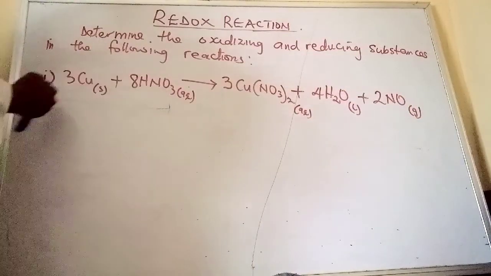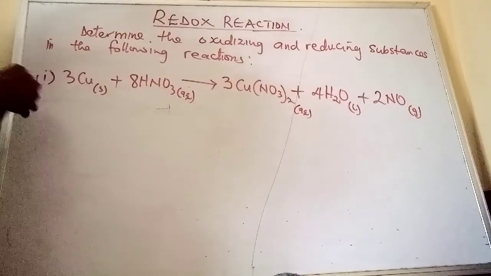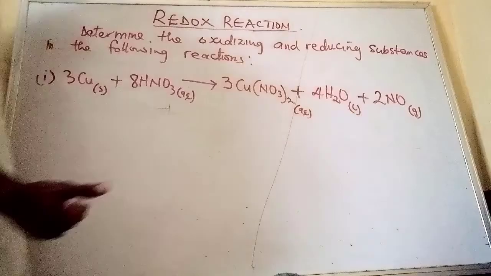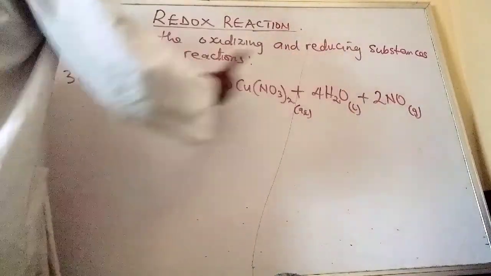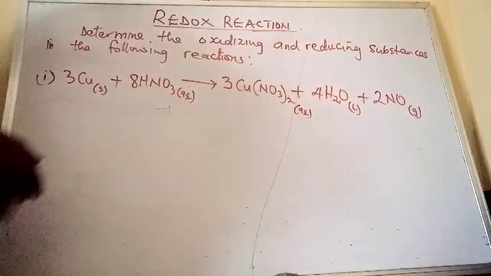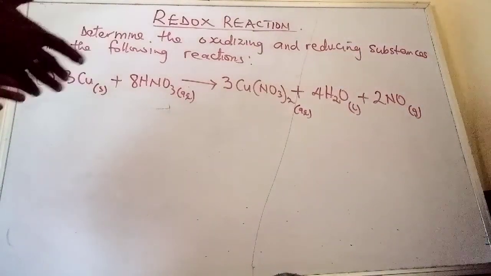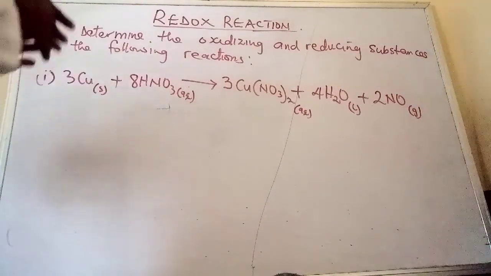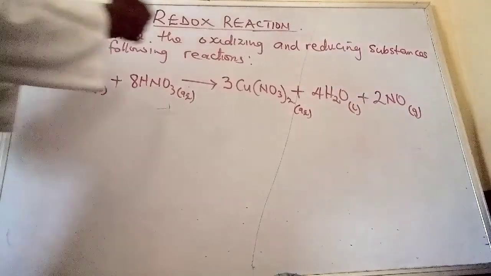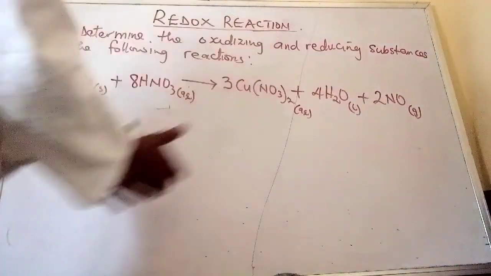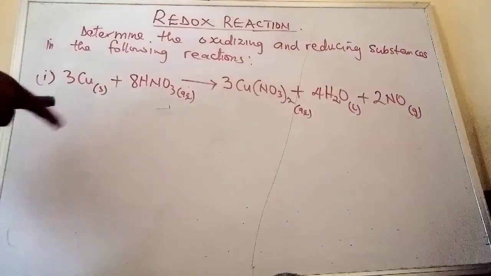This left side of the arrow is the reactant side, while everything on the right side of the arrow is product. So like I told you, the first thing is try and identify how the oxidation number is changing from left to right. That's the first thing I'm going to do.